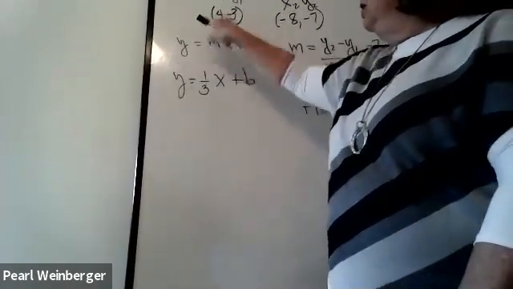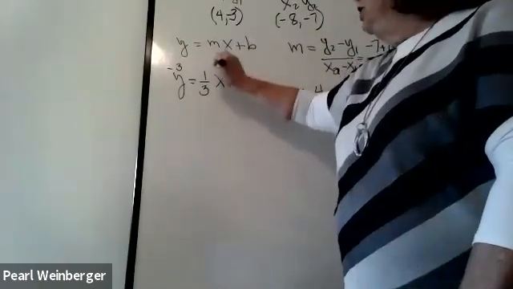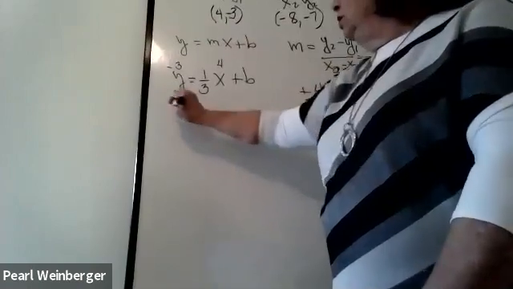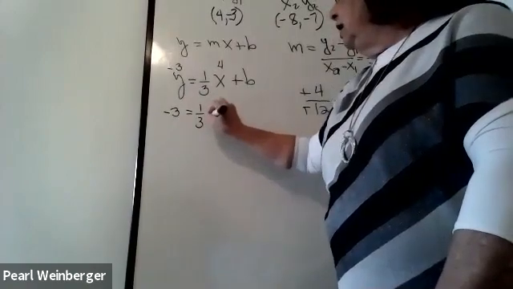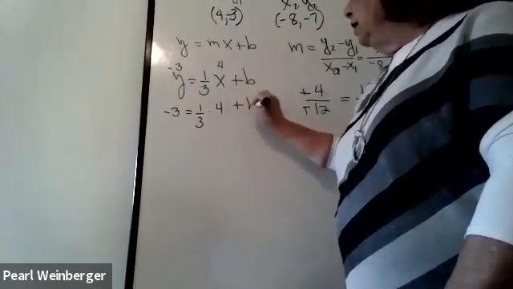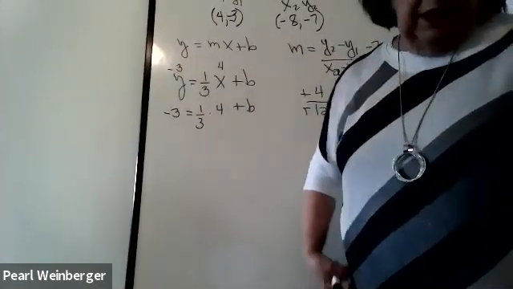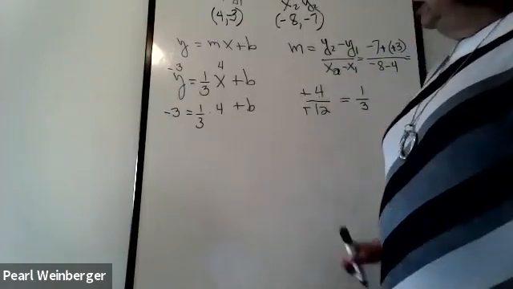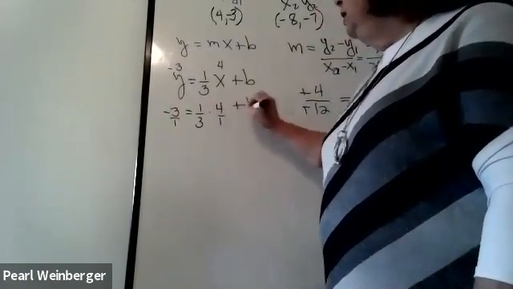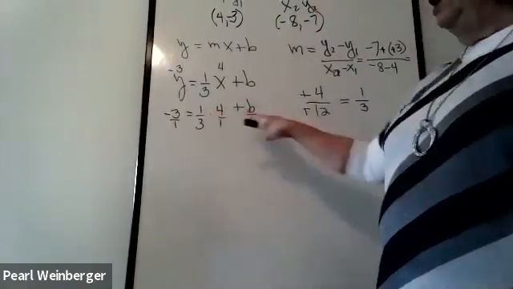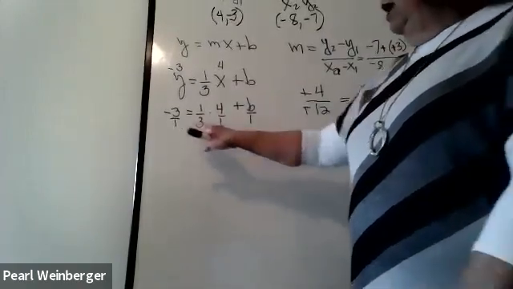Let's say I pick the (4, -3). That means the y is going to be -3 when the x is 4. So this gives me -3 equals 1/3 times 4 plus b. Now, the hard part about this is going to be the fractions. And if you recall what I said, when you have fractions and whole numbers, it probably makes most sense to just put ones under the whole numbers so everything looks like fractions.